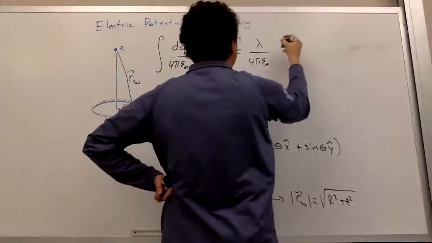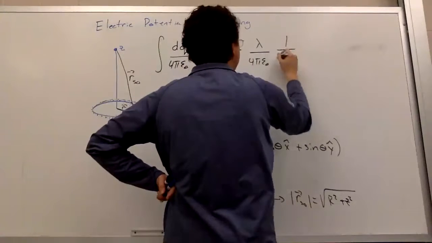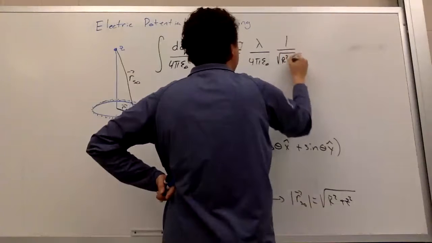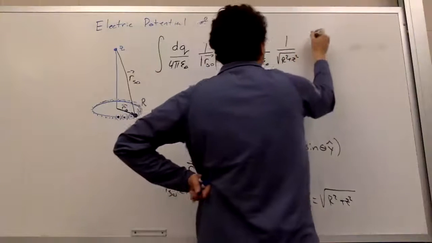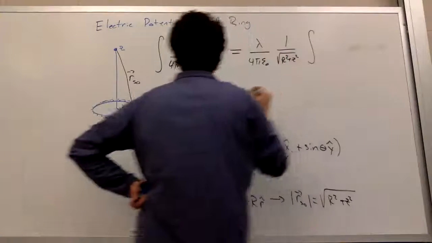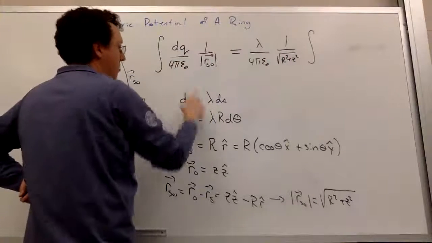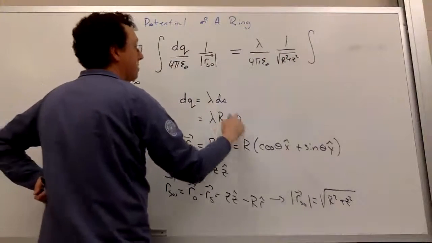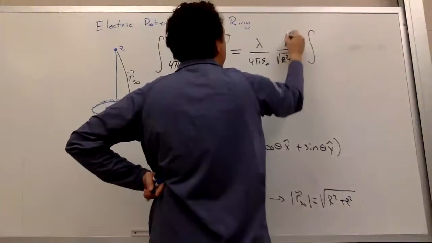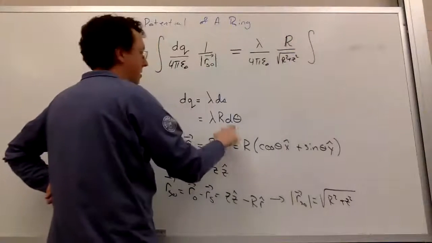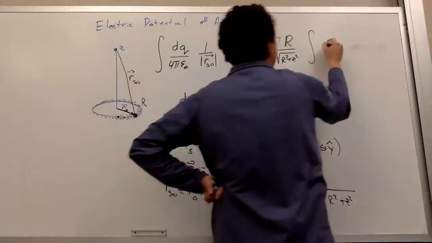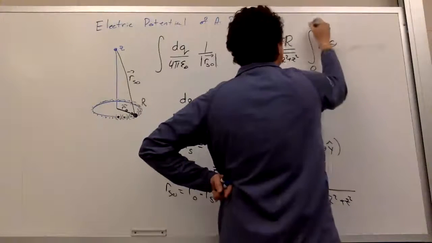So that just pulls out, as 1 over the square root of R squared plus Z squared. And then what's left is the integral. dq gives me a factor of R, I forgot that. R, and then I have the integral of d theta from 0 to 2 pi.